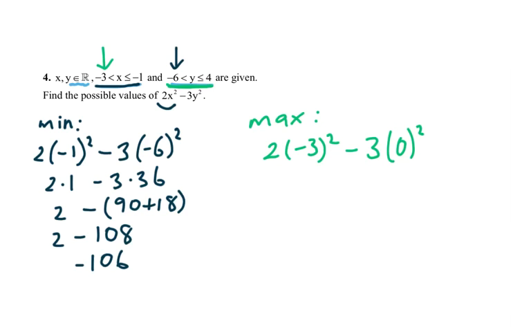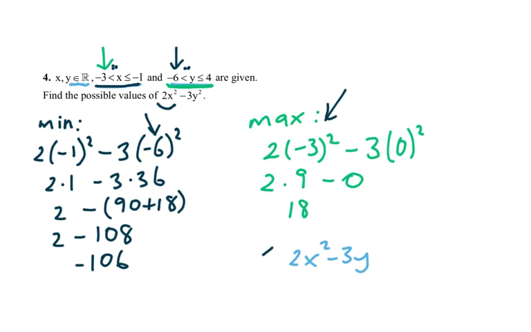All right, so then we simplify this. We'll have 2 times 3 squared is 9 minus 0, and that's 18. So the possible values of 2x squared minus 3y squared, well, we can write this as an inequality because we can have all of the values, and notice that because -3 was not included here, and -6 was not included, these values are actually not included in our range.